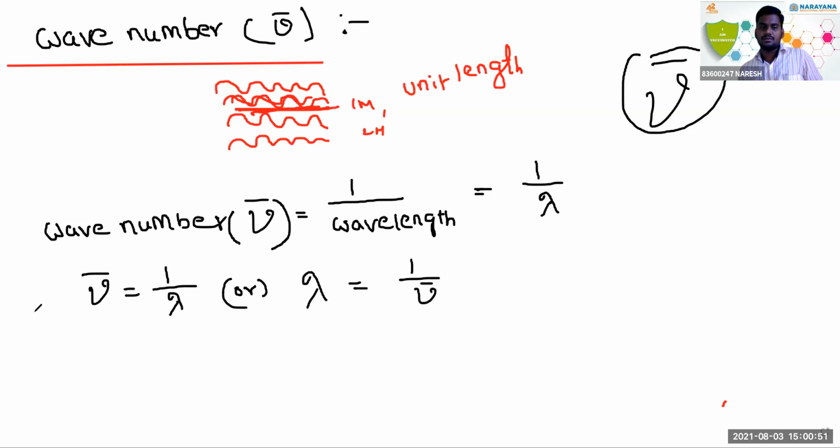Therefore, nu bar is equal to 1 by lambda, or lambda is equal to 1 by nu bar.